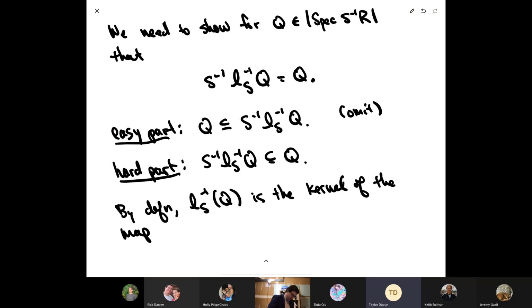We can take R, then we map it to the ring S inverse of R, and then we take the quotient here, S inverse of R mod Q. So the meaning of this is that we have a factorization, in other words, the map here has a factorization like this.